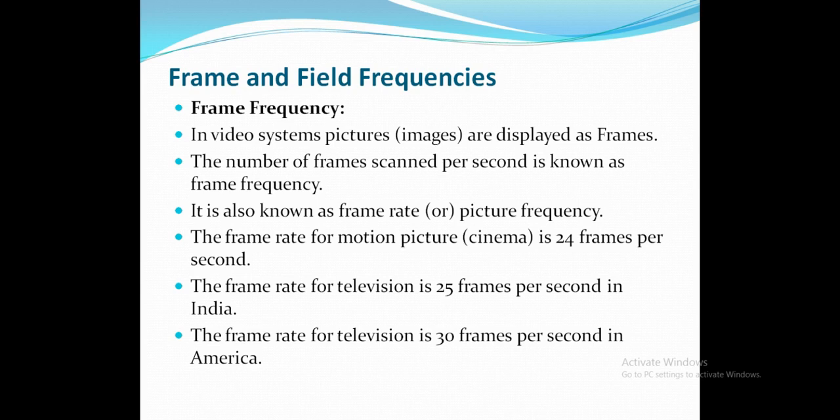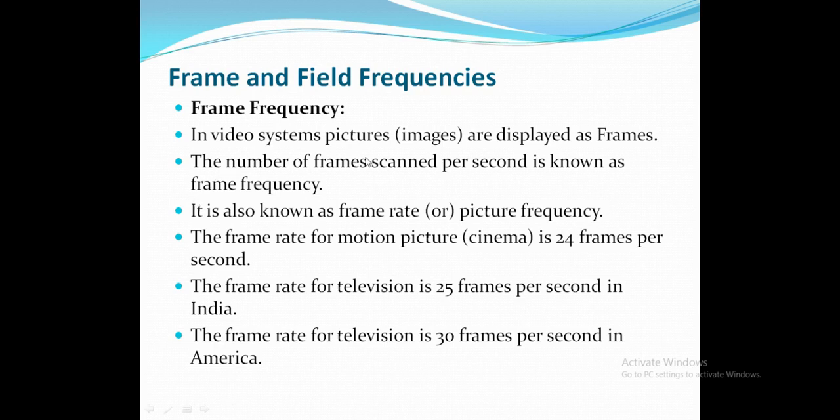Frame rate is also known as frame frequency. It is the frequency at which an imaging device displays the consecutive images called frames.